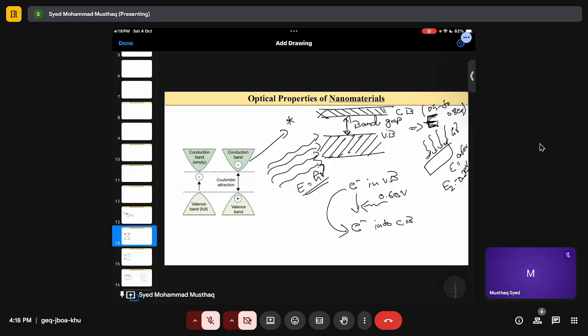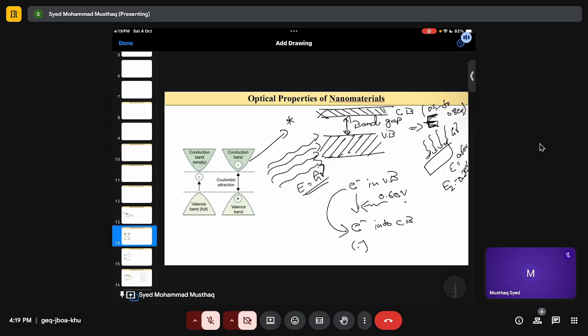Let's forget about what it does after. We are only concerned about what is happening right now. So electrons enter into our conduction band. What's happening here is that whatever energy you are supplying, 0.6 electron volts, is being absorbed, not adsorbed. Okay, it is being absorbed.